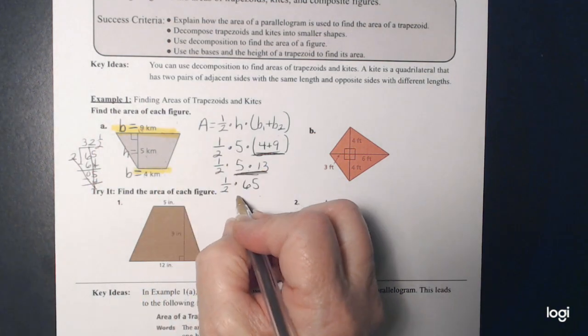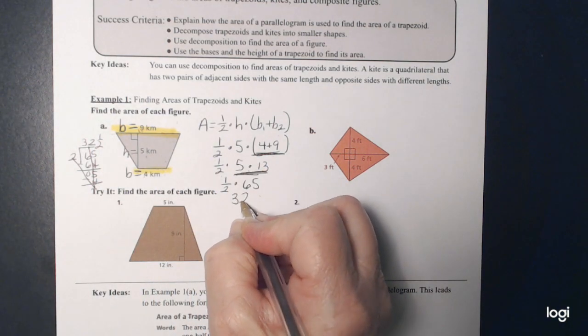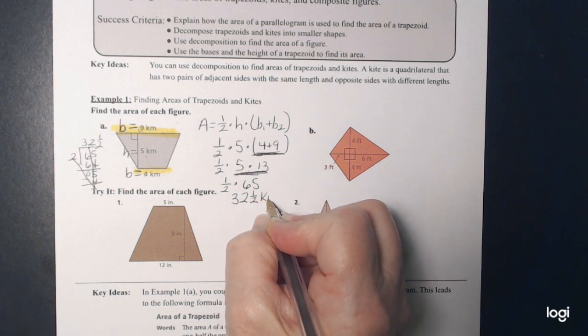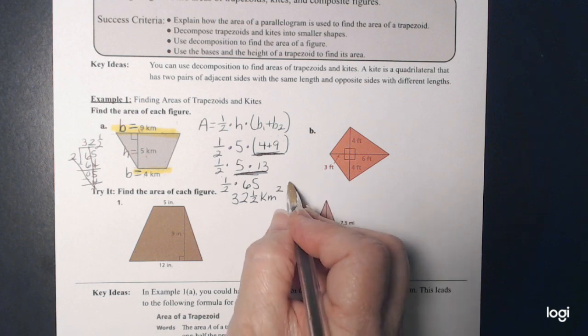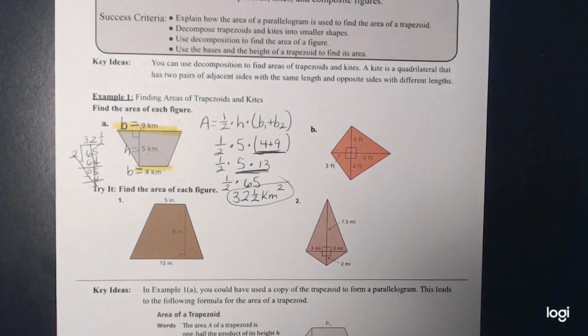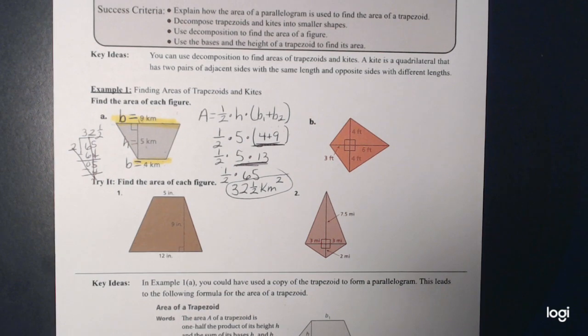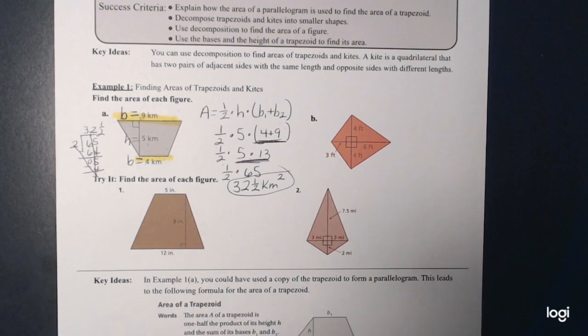So the area of this trapezoid is 32 and 1/2 kilometers squared. A lot of steps that we have to do in order to find the area of a trapezoid. So because of that, we need to make sure that we write everything down and take our time. So let's go ahead and try one more trapezoid here before we move over to the kite.